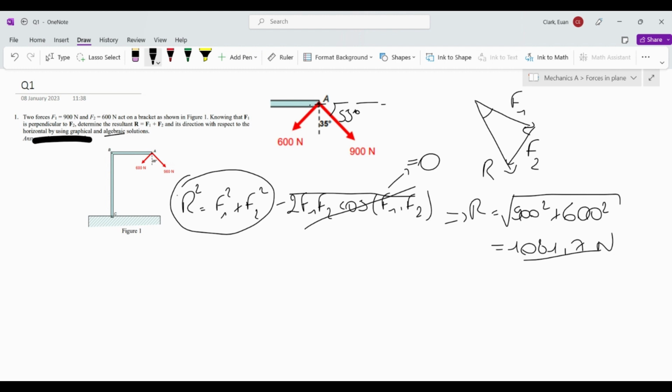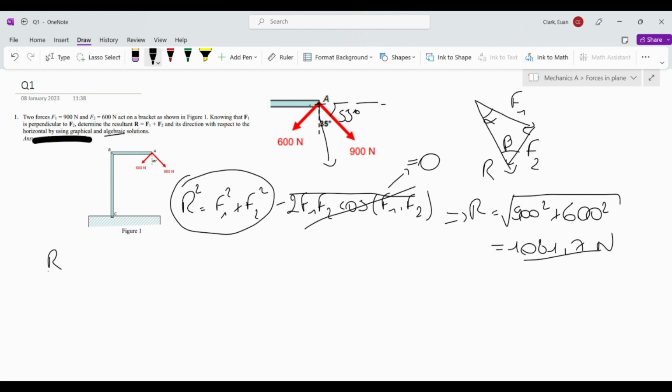Now, I just hid the solutions here, but I'll show them to you afterwards. And now we want the angle between the resultant and the horizontal. Now, there's another rule called the sine rule, which basically means that in any triangle, the side divided by the sine of the opposite angle is constant. So let's imagine this is alpha, this is beta, and we know that this is 90 degrees.